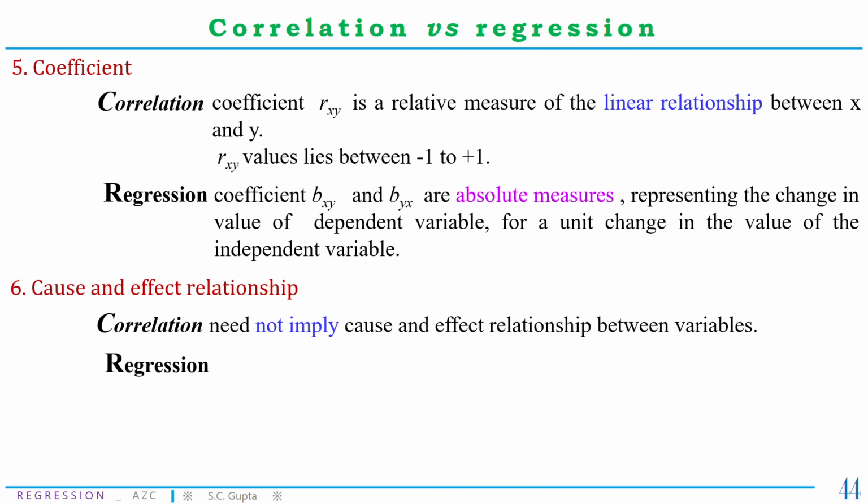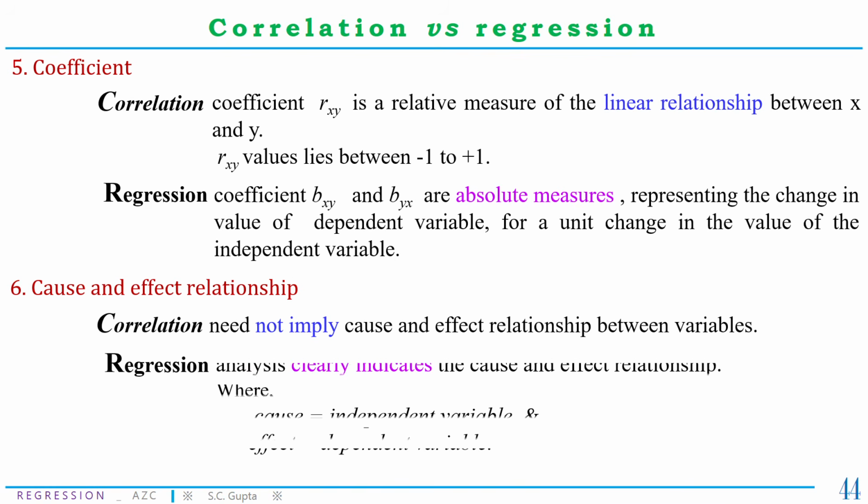Correlation need not imply a cause and effect relationship between variables, while regression analysis clearly indicates the cause and effect relationship, where cause is the independent variable and effect is the dependent variable.